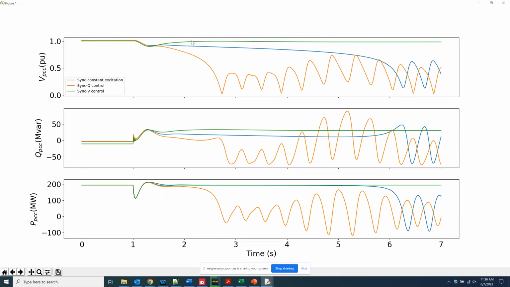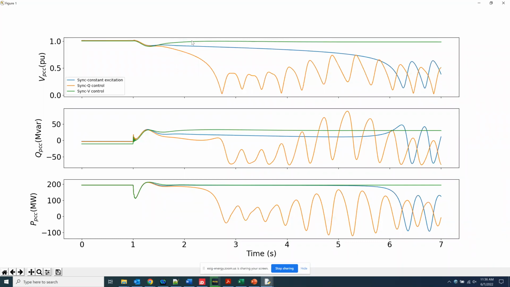As you move towards Q control on the machine side, again, you start having an instability, and this instability starts occurring much faster. But as you move to your traditional V control for your machine, you are able to tolerate the change in short circuit strength.